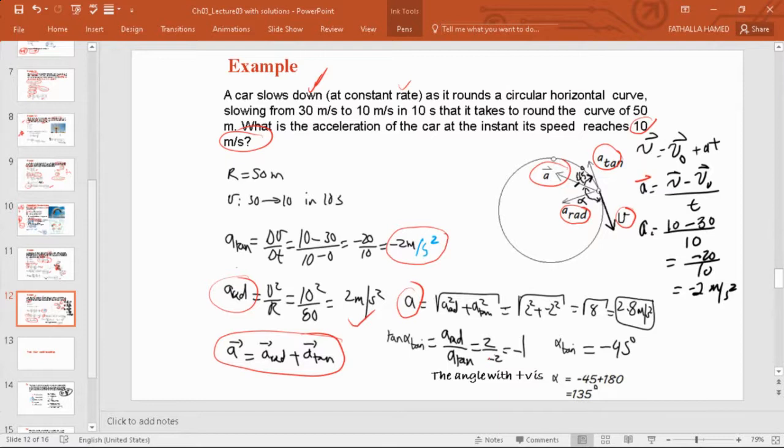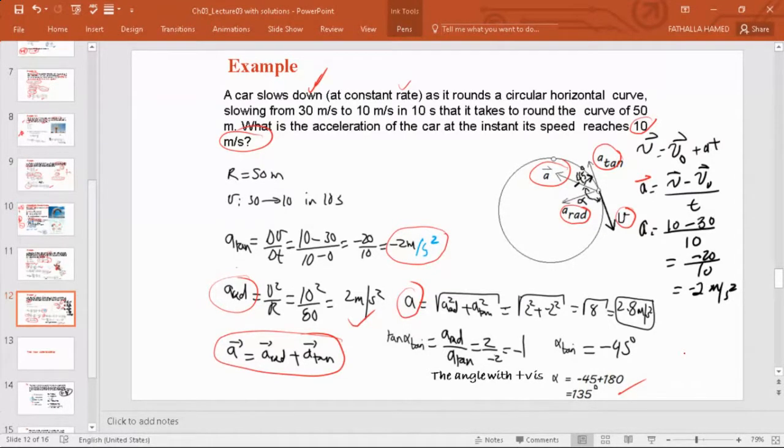That basically will give you an angle of minus 45 degrees. And of course, if you want to do that relative to the positive x-axis, you can add 180 degrees, and it will be 135 degrees, if you want to use x and y here.